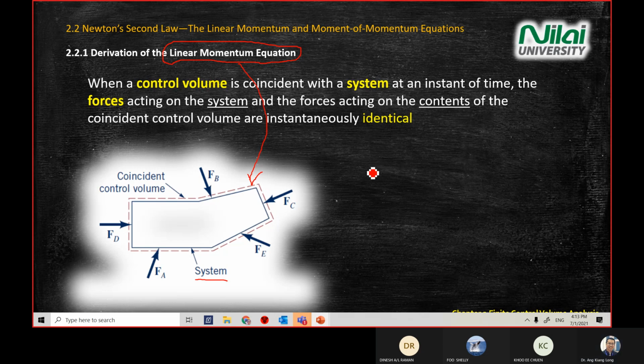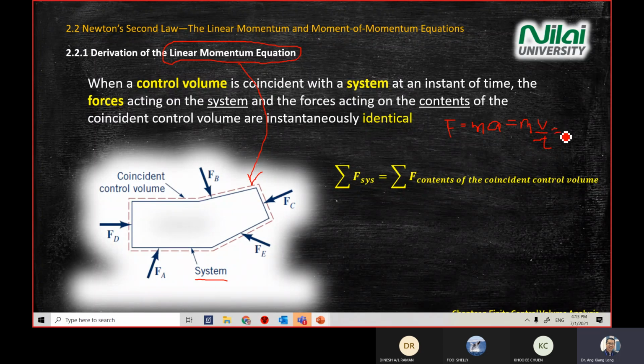Now recall what we covered in the previous slides. All the force will equal to, again, recall. If you cannot recall in the exam, just think back to the definition of Newton's second law. F equal to ma equal to mass times acceleration, and acceleration is velocity divided by time.